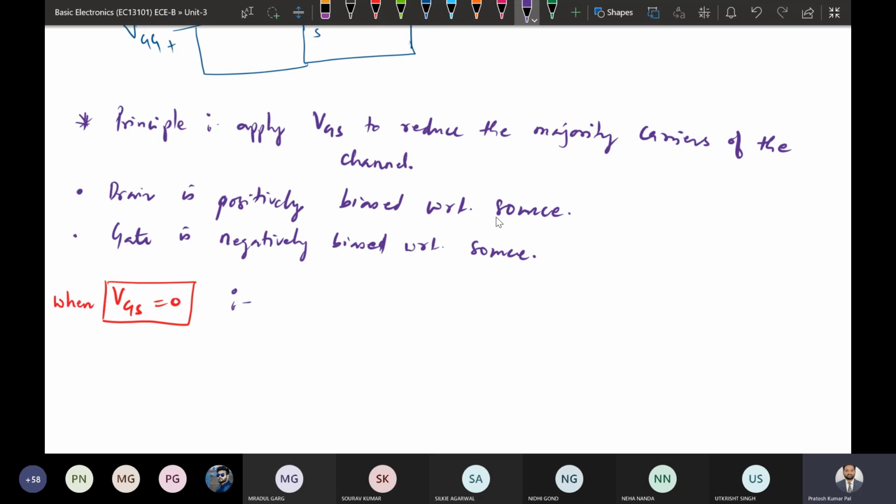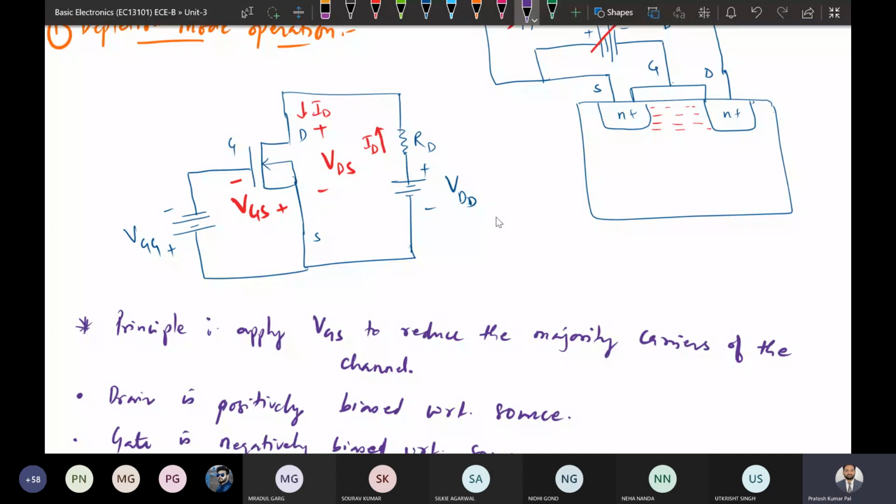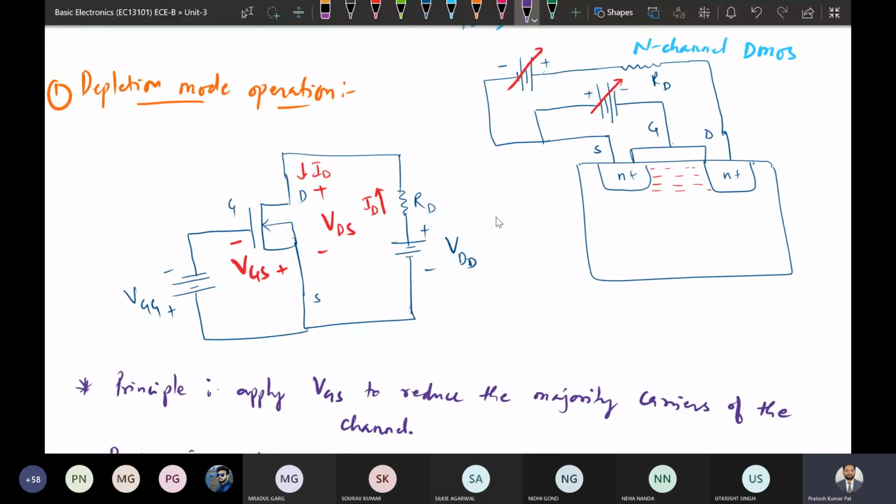If we are applying gate to source voltage equal to 0, then there will be no charge created in this region. Therefore the channel will have the maximum number of electrons, so whatever current flows at that time will be maximum.